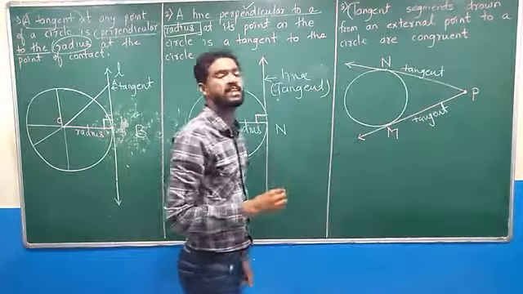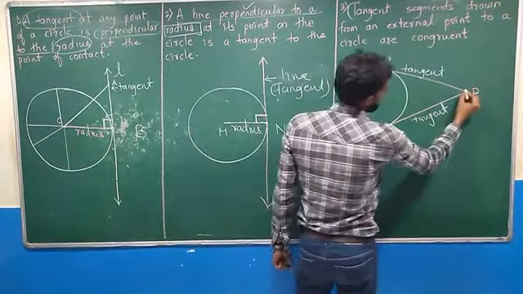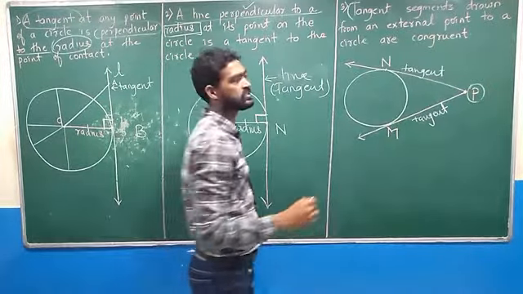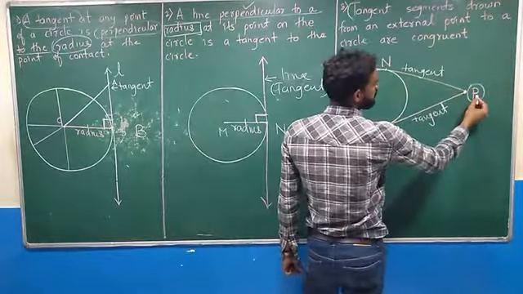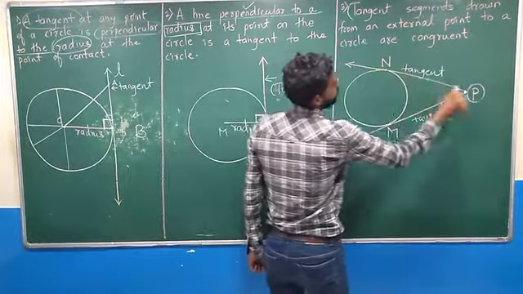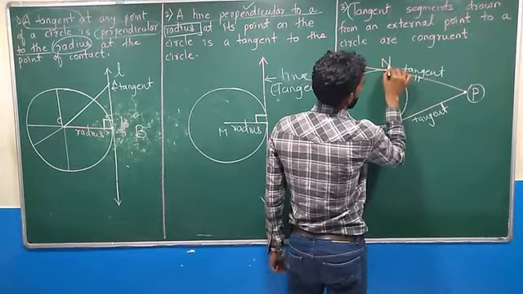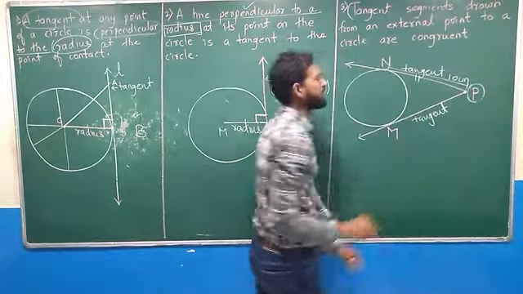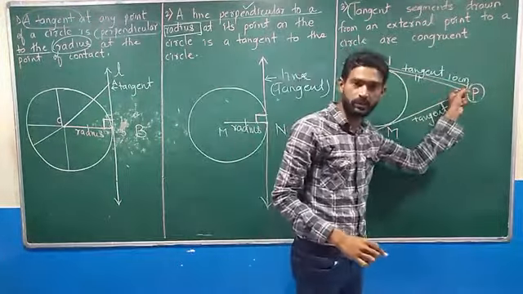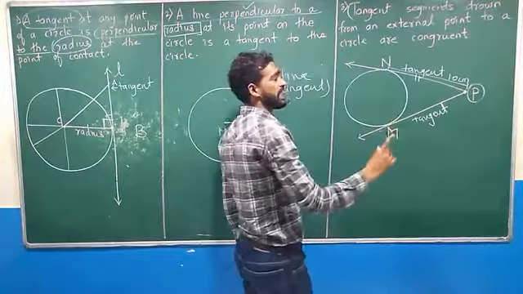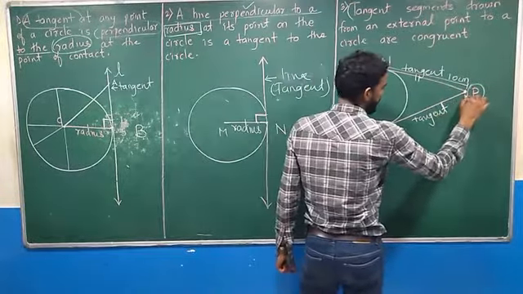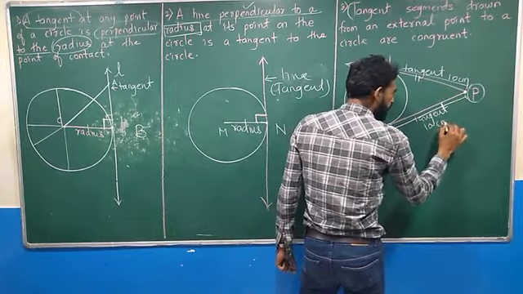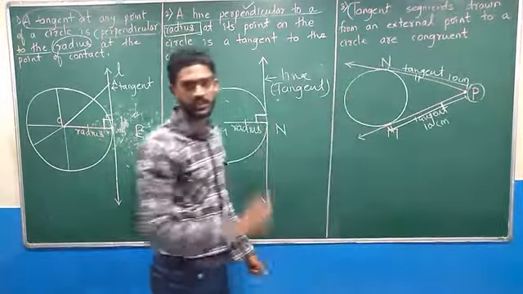Now I can see both tangents are drawn from the same point P. Since they are drawn from the same point P, if we take the measurement of this tangent, for example, if the length of this tangent is 10 centimeters, then the other tangent drawn from the same point on the same circle also has to be 10 centimeters.